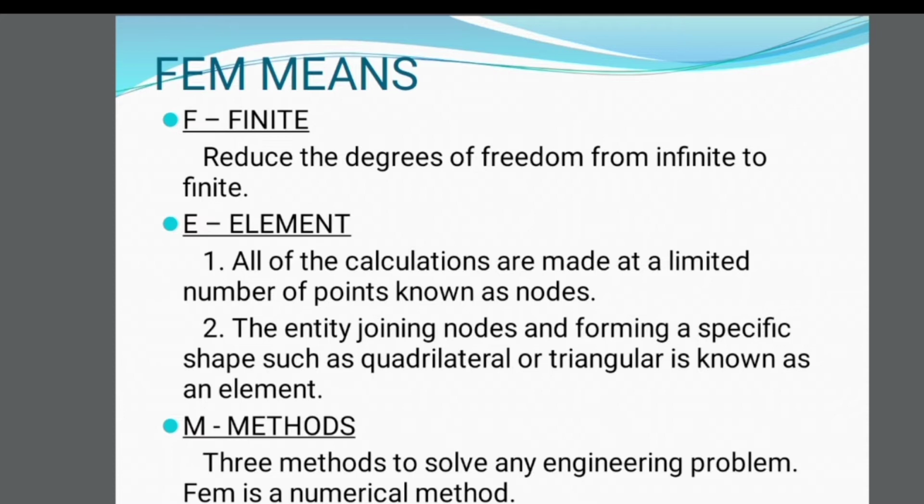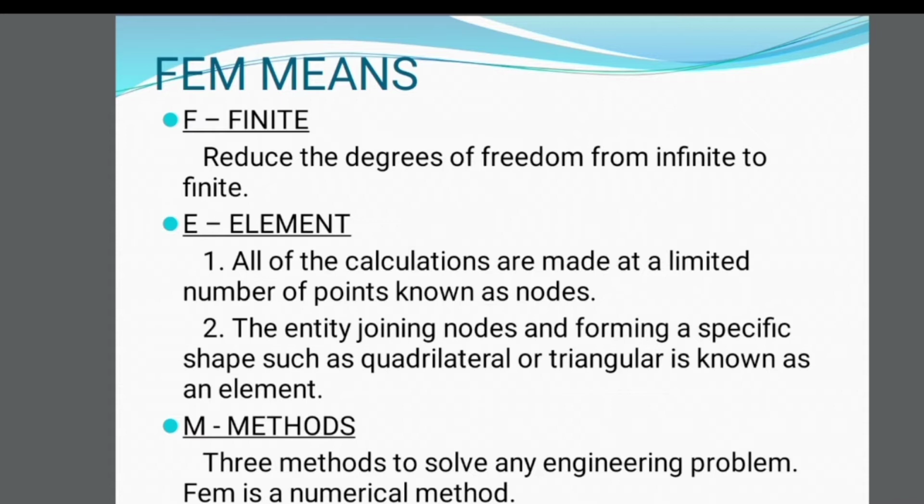This is the way we reduce the complexity in problem solving. So finite element method means F indicates finite, E indicates element, M indicates method. F means reducing the degree of freedom from infinite to finite.